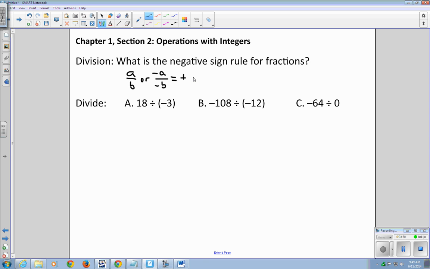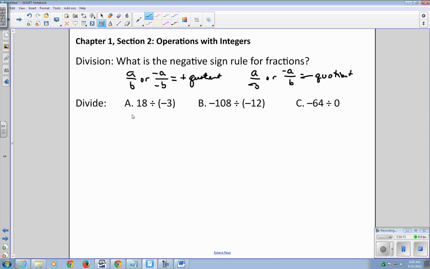We call that result a quotient. If we take two numbers and they have opposite signs, so a divided by negative b, or negative a divided by positive b, the result is going to be a negative quotient.